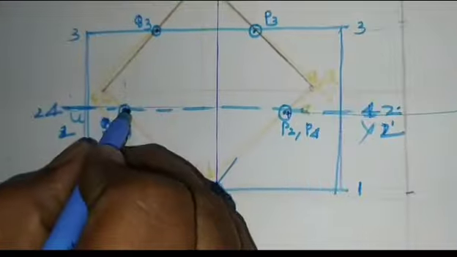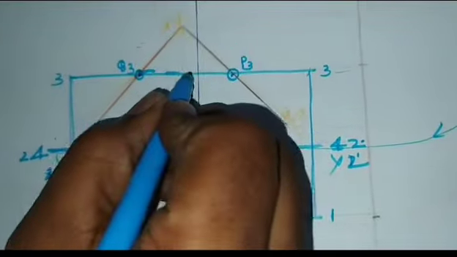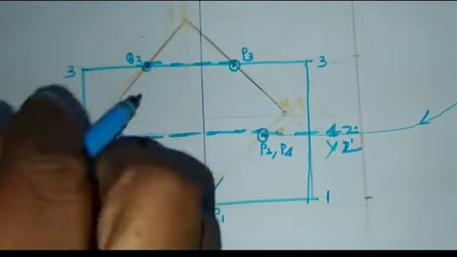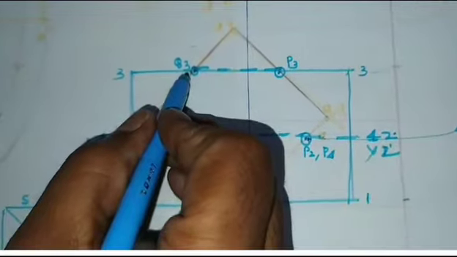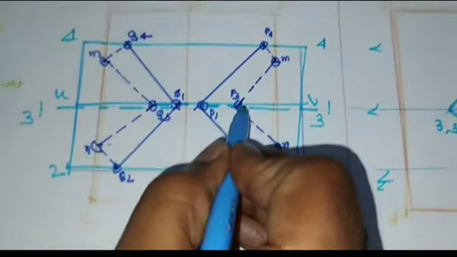Similarly, same case, this is the dotted line because it is inside the vertical cylinder, Q3. Where is the Q3? This will be the dotted line and this will be the dark line.